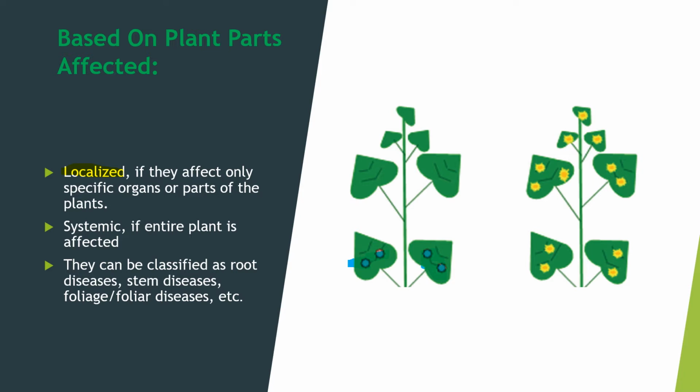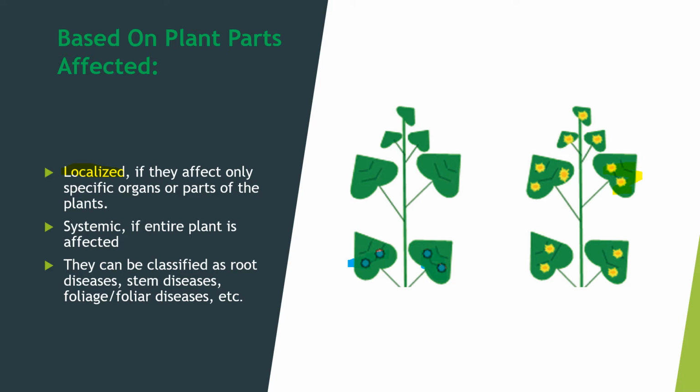Then if you look here, almost all of the leaves of the plant are affected, and that's why we call such infections systemic infections. In systemic infections, all plant parts are affected. So they can be classified as root diseases, stem diseases, or foliage or foliar diseases, depending on which plant part is affected.